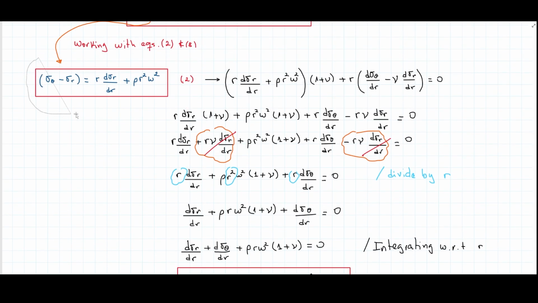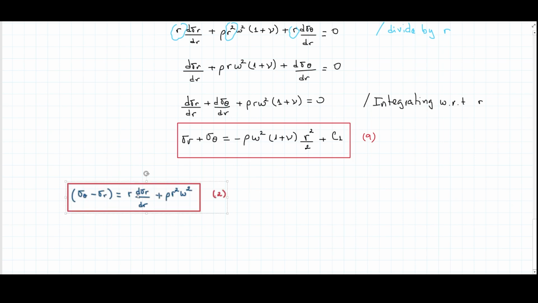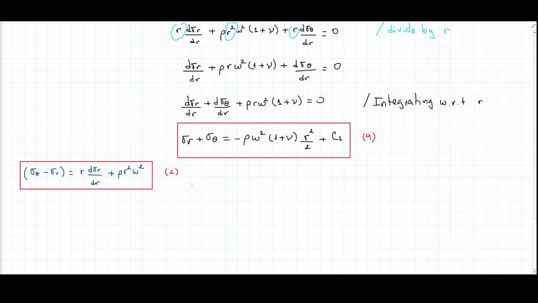But what about if I bring again the equilibrium equation, equation number 2? We copy it and put it in here, like this. Let me put it a bit apart. What about now having these two equations?